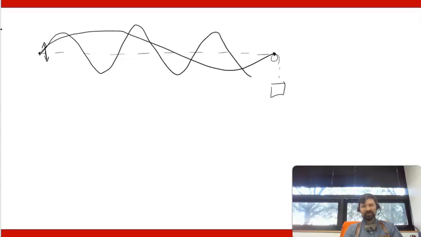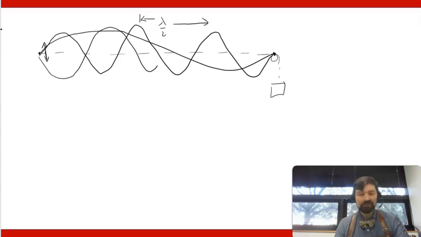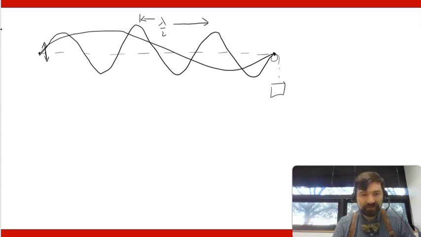I'm kind of exaggerating how much this might be, but notice that this right here, this is lambda over 2, and this is a lambda between the two peaks. But what I end up actually getting is that my nodes and antinodes form something that looks like this. Whoops, I've already kind of messed up my drawing.